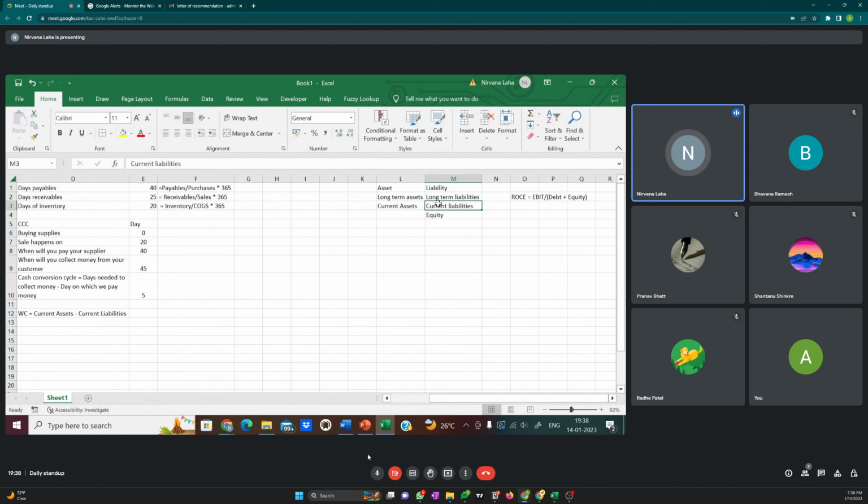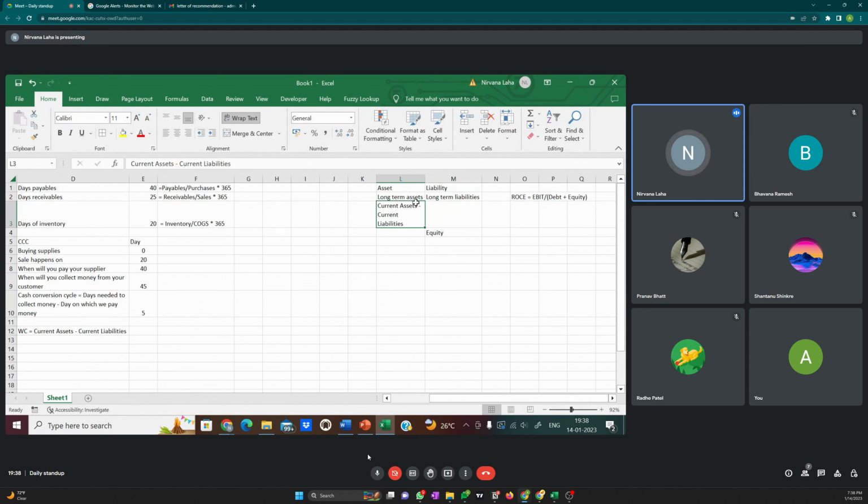So instead of writing it here, just remove it from here and you add it here with a negative sign. Right? It's the same, Pranav. Do you understand this? तुम liability side से अगर उसको हटा दोगे, so you can subtract it from the asset side. It'll come to the same thing.